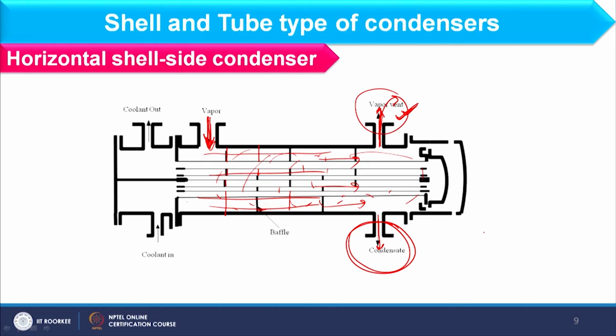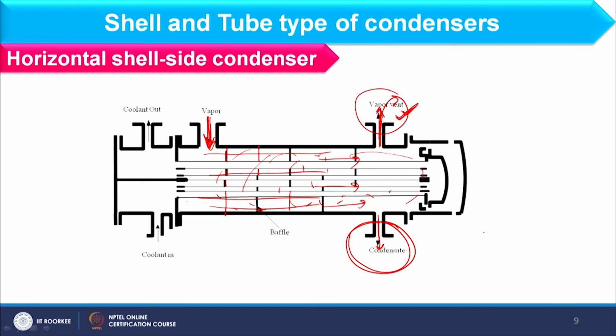And because vapor is also there, there are chances that vapor may also exit the system through the condensate valve. So, to stop vapor and let condensate exit the system, we use another assembly which we call a steam trap, which basically traps the steam or vapor.